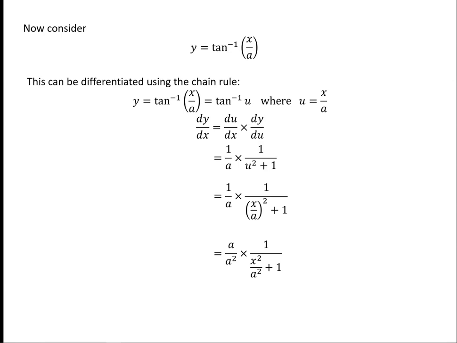Now 1 over a is the same thing as a over a squared, times 1 over x squared upon a squared, add 1, which gives me a over x squared plus a squared. So we've got, if y equals tan to the minus 1 of x upon a, then dy by dx is a over x squared plus a squared.